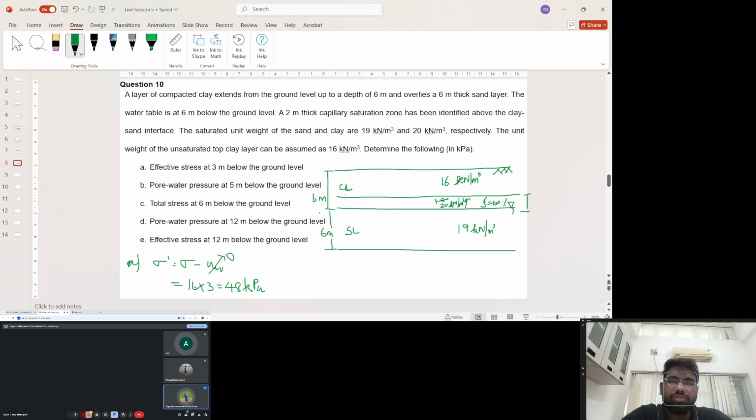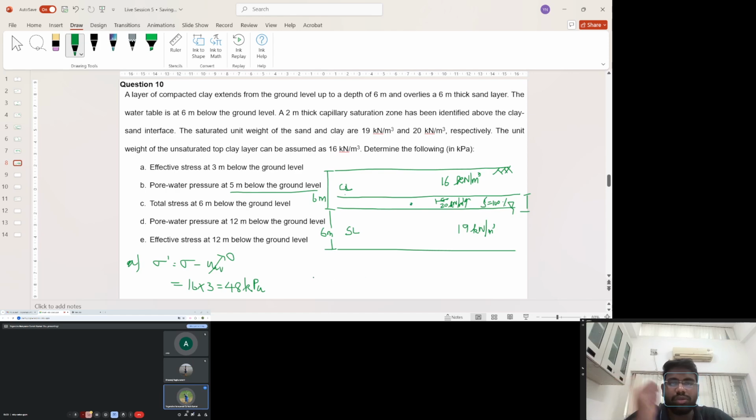Since it is given 5 meters below ground level, and up to 2 meters above the clay sand interface we are experiencing capillary action, the point for which we require the computation falls within the capillary zone.